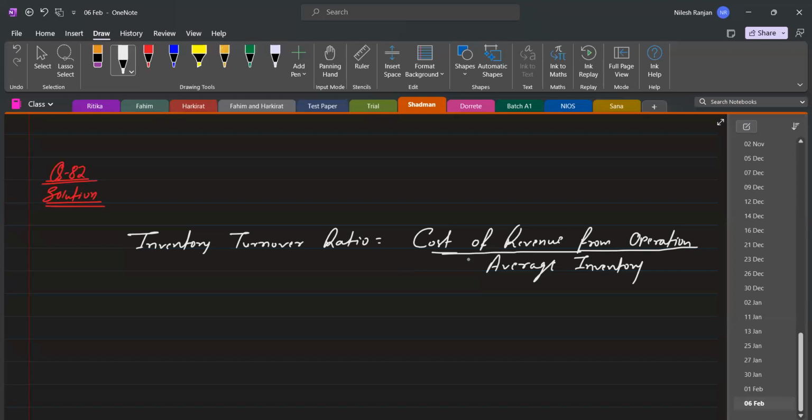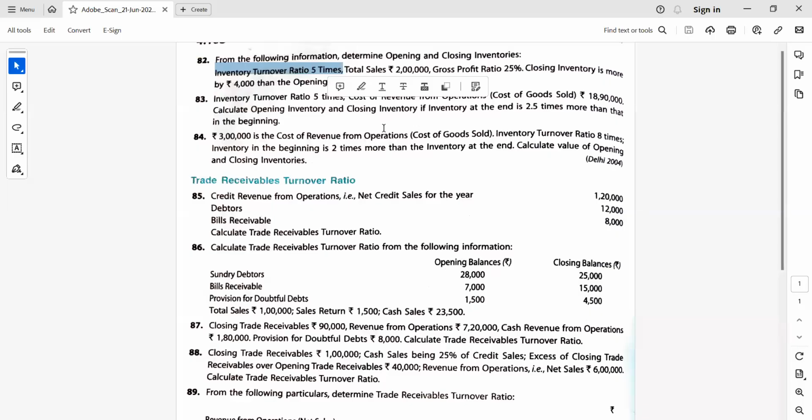Now, cost of revenue from operation is not given in the question, average inventory is not given. I told you that if it is not given or it cannot be calculated, then we have to use revenue from operation. Now, in this question, you can see total sale is given, revenue from operation, but we have to see, can we calculate cost of revenue from operation?